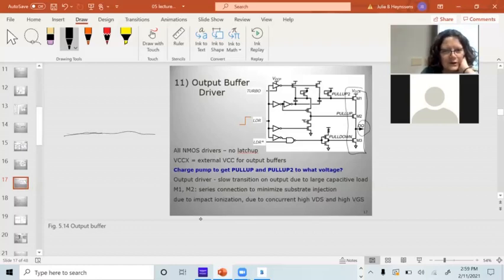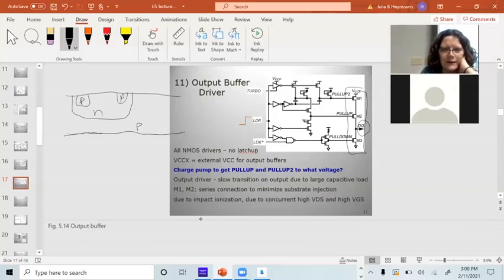We're going to draw a cross section of a CMOS inverter. I need an N well for the PMOS, and I'm going to put P plus diffusions in there. I'll just draw them P. This would be in a P substrate.